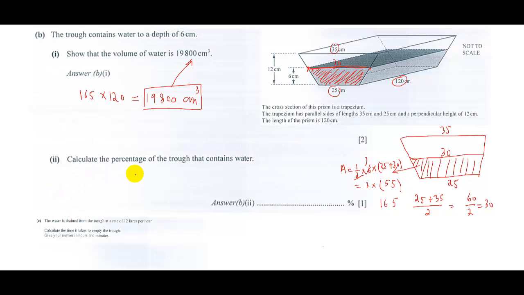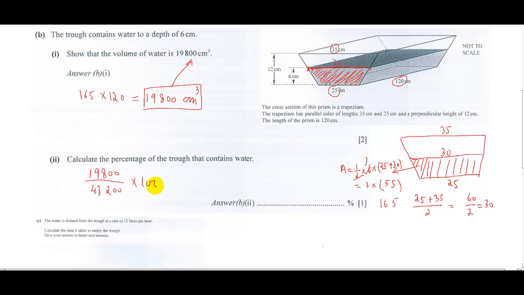In the next part, calculate the percentage of the trough that contains water. So the water is 19,800. The total volume of the trough is 43,200.